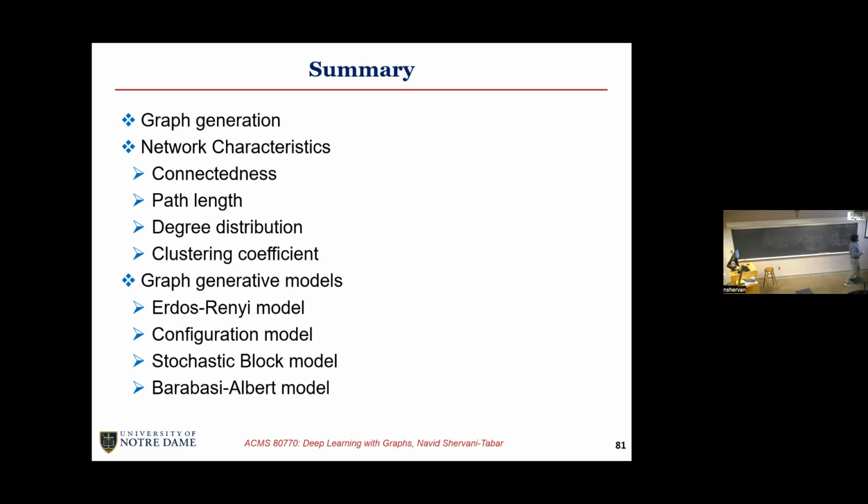And last but not least was the Barabási-Albert model, which was an autoregressive approach using preferential attachment. At each iteration, the new node was connected to a given number of existing nodes with a probability proportional to the degree of those nodes.